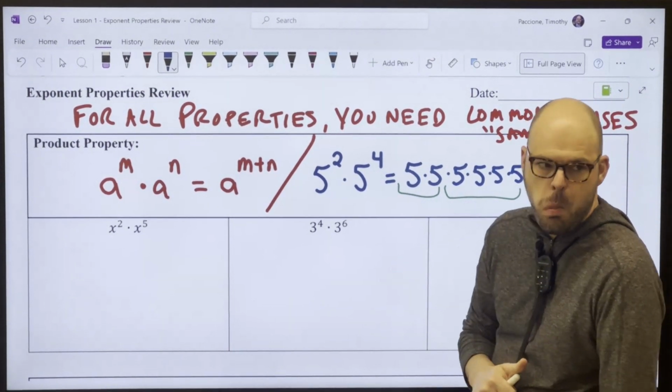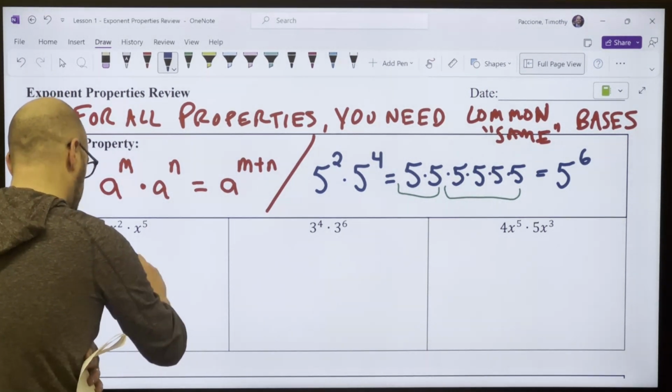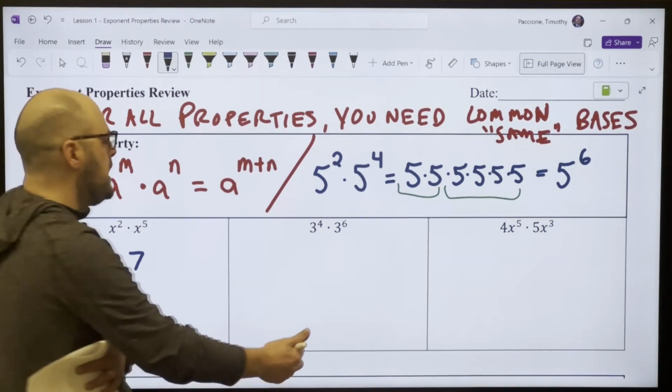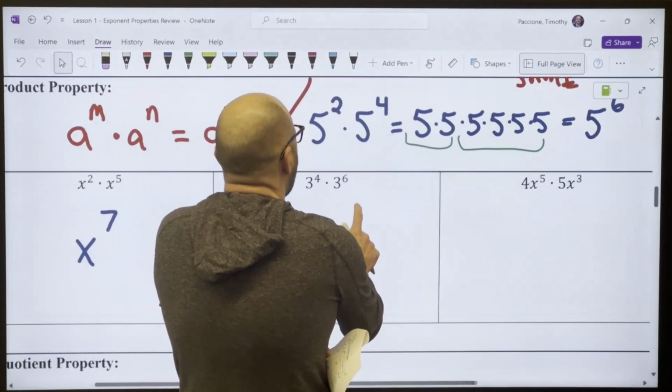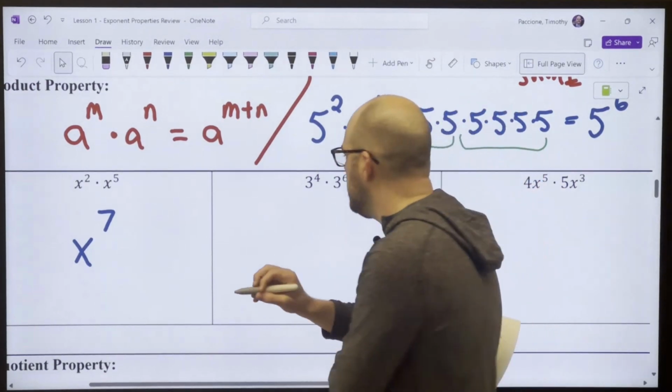Go ahead. If I have x squared times x to the fifth, same base, so I just add the exponents, and this is x to the 7th, right? So if you just know these, you can go so quick. Here, I have 3 to the 4th times 3 to the 6th. It is 3 to the 10th.